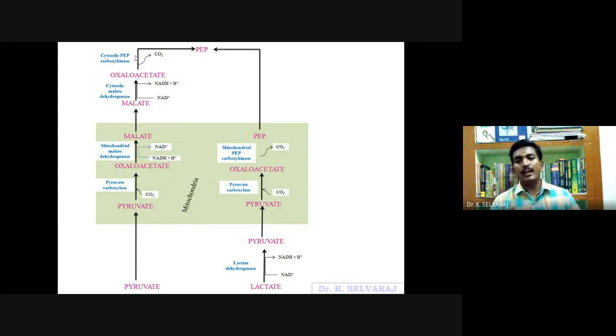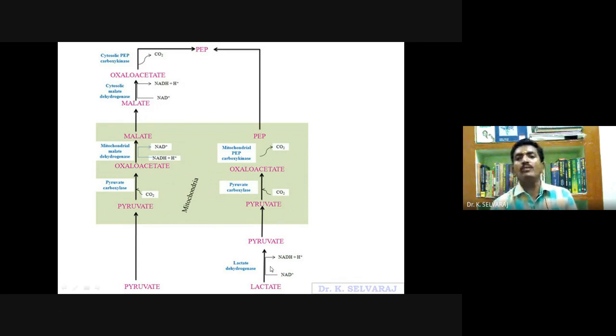The lactate dehydrogenase enzyme itself forms NADH. Here, NADH is produced in this step alone, the conversion of lactate to pyruvate. So the amount of NADH in the cytosol is maintained here.